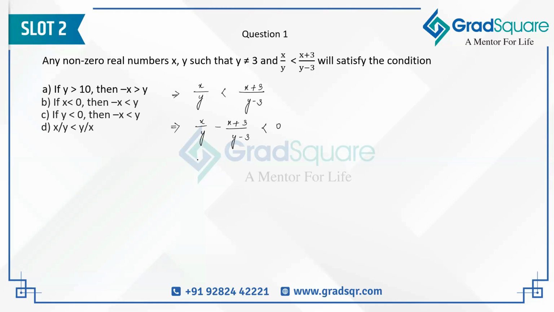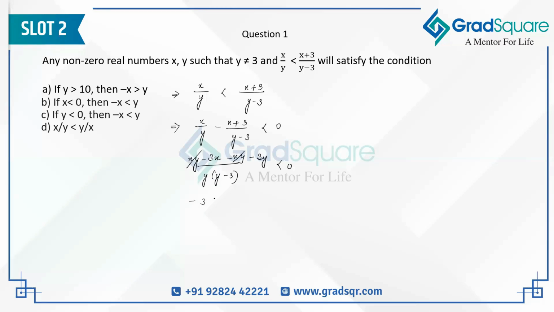Okay, so next step, let's take the LCM here. y into y minus 3 is here, xy minus 3x minus xy again, and this is going to give me minus 3y. So this is going to be less than 0. So plus xy and minus xy gets cancelled out.